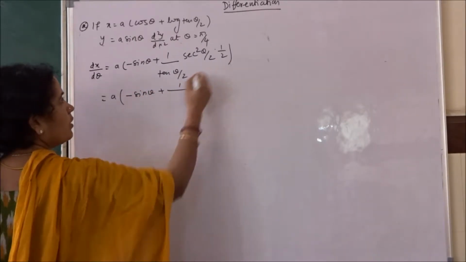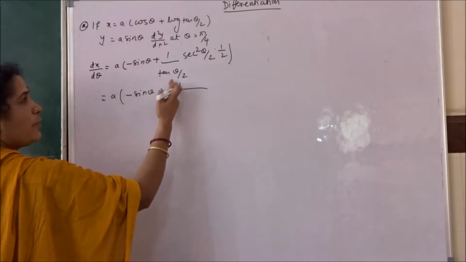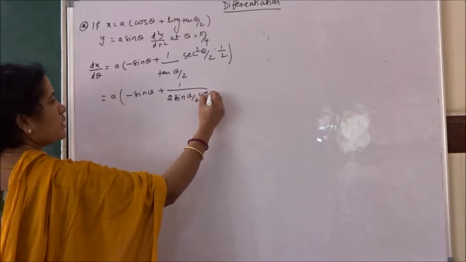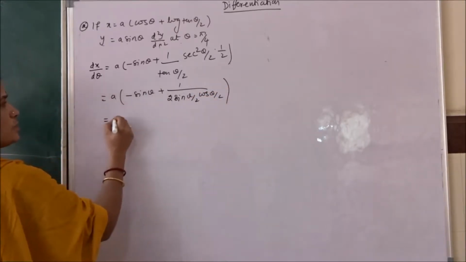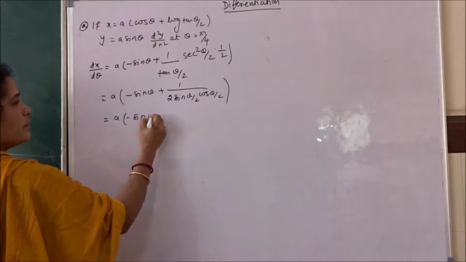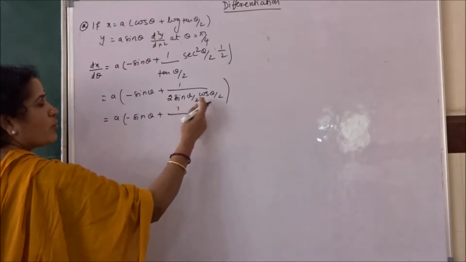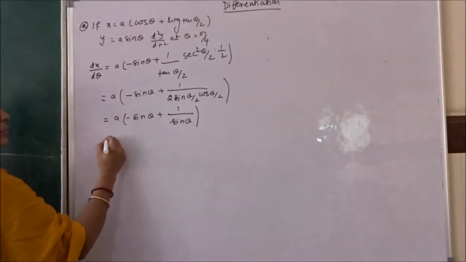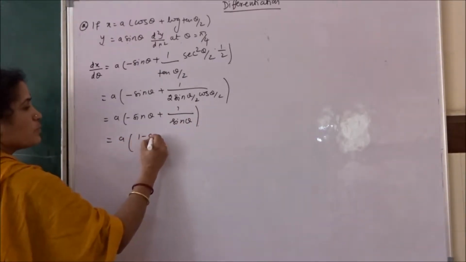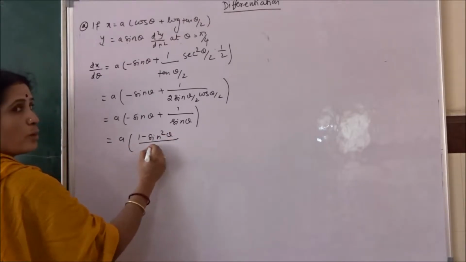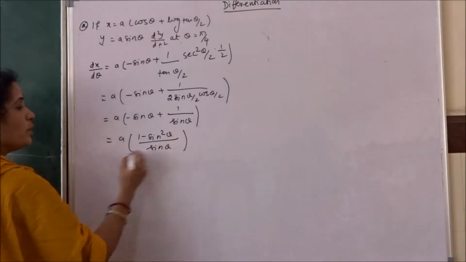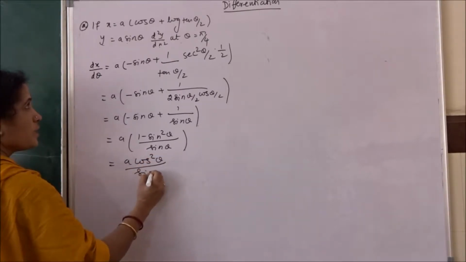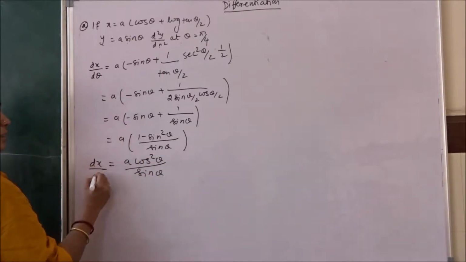Now this is 1 upon 2 into sin by cos into 1 by cos square, so we have 1 upon 2 sin theta by 2 into cos theta by 2. Now that is equal to a into minus sin theta plus 1 upon sin theta, since 2 sin a cos a is sin 2a. Now that is equal to a into 1 minus sin square theta, the whole upon sin theta, which is a into cos square theta upon sin theta. That is dx by d theta.